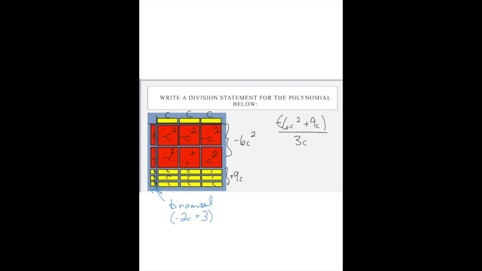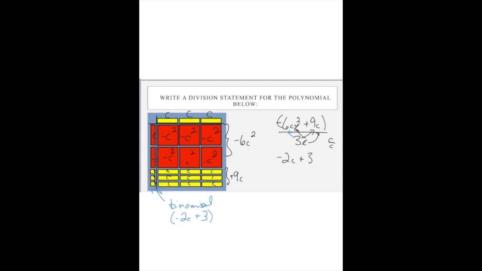So if we divide this out, we'll divide 3 into 6. 3 into 6 goes twice, but being that it's a negative 6, we end up with a negative 2. With c times c, 1 will cancel, so we're left with negative 2c. Then 3 into 9 goes 3 times, and we have a c divided by a c.